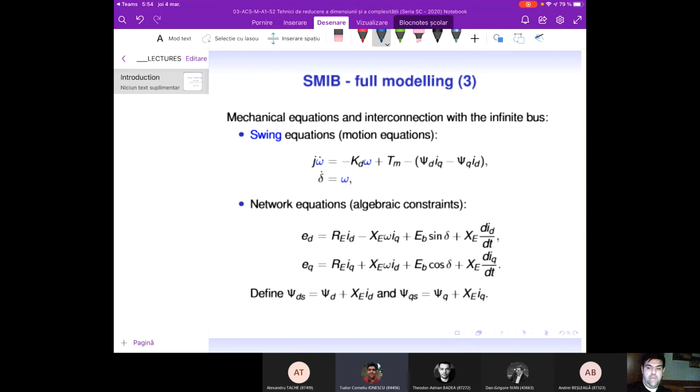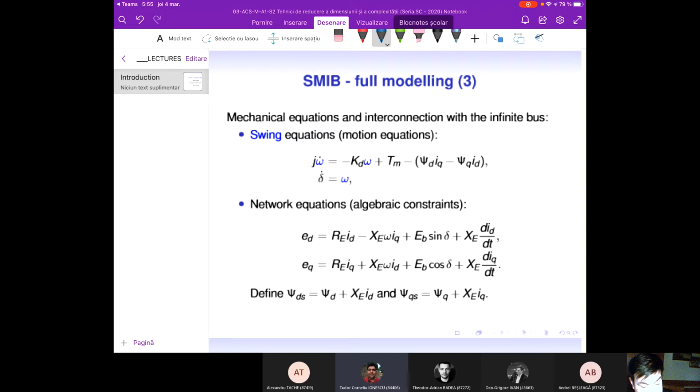We have the mechanical part of the model, which is the swing equation, the motion equation. This is the most important part. This is the one generating mechanical power turned into electrical power. And we see here a rotation equation.